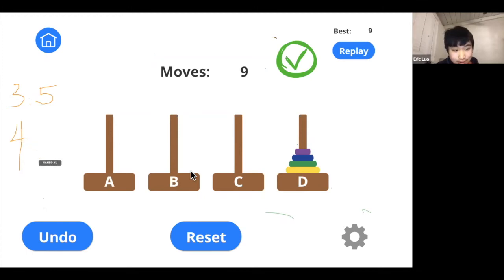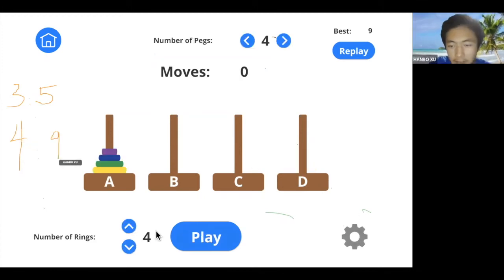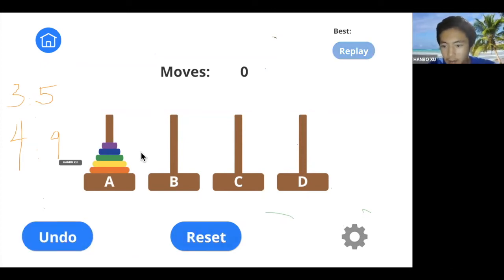All right, why don't we try one more case with 5 rings? Lloyd, do you want to give it a try? Okay.